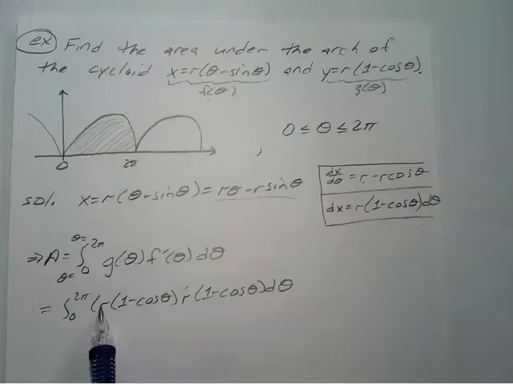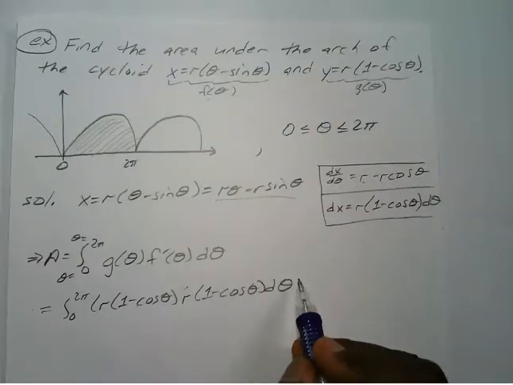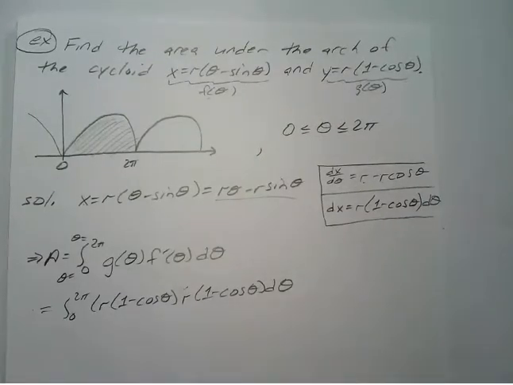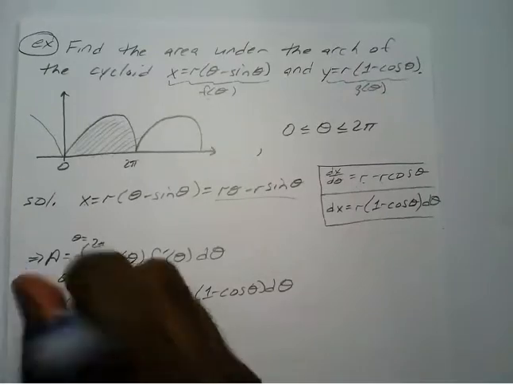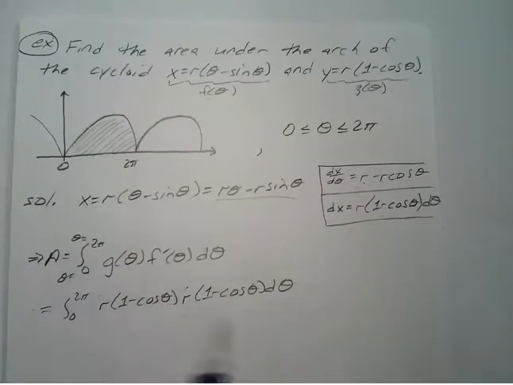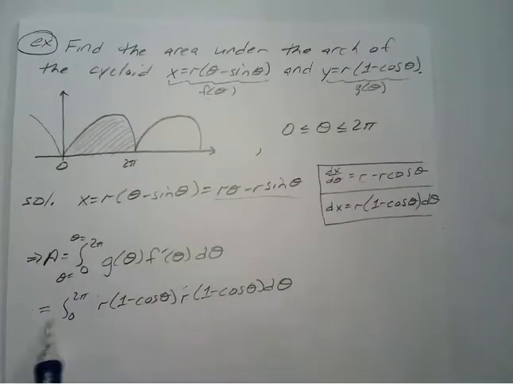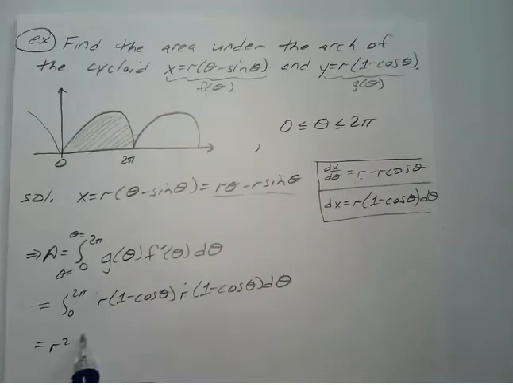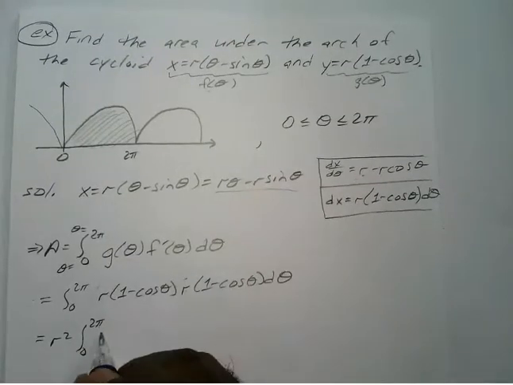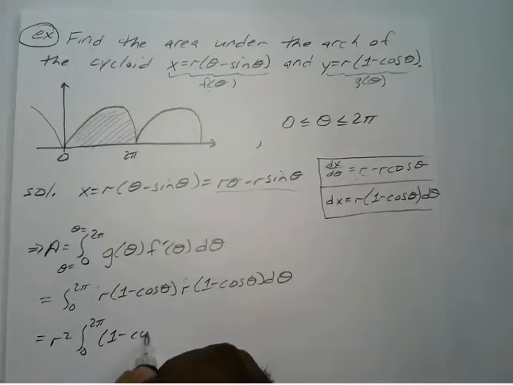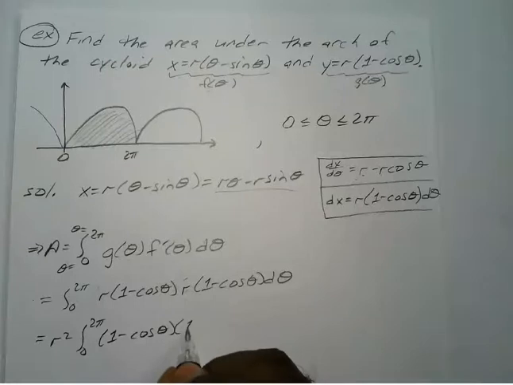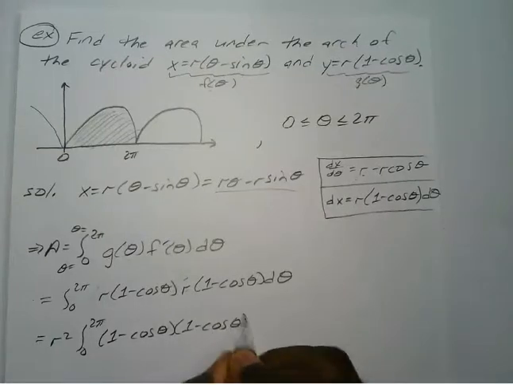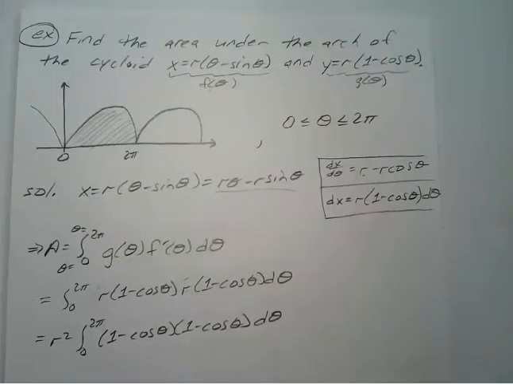Okay, so we can go ahead and just multiply. Really didn't need the extra parentheses there. If we multiply our two r's, we can factor that out. So it's r squared, integral from 0 to 2 pi of 1 minus cosine theta times 1 minus cosine theta d theta.